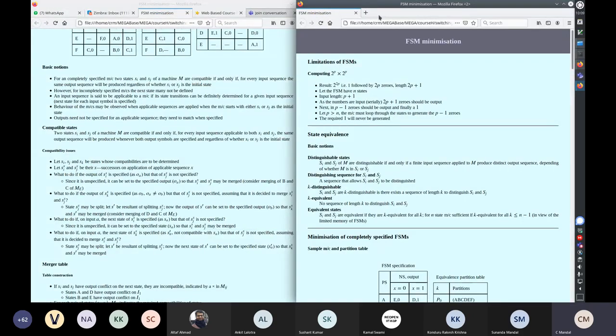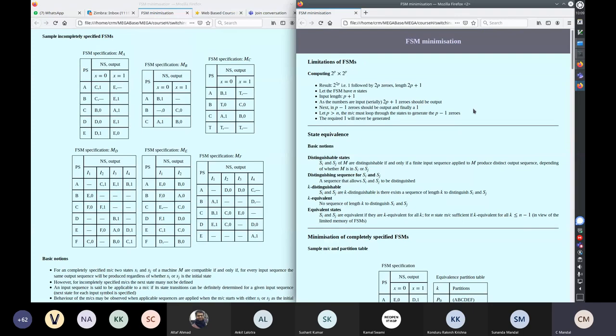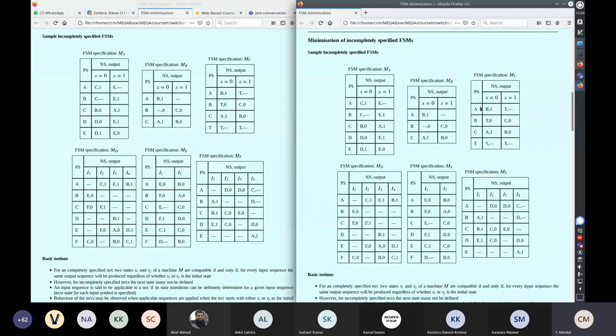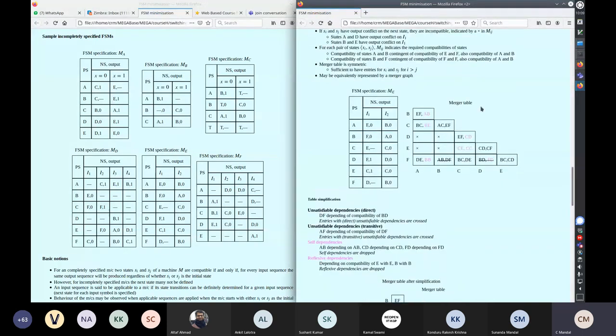So over here let us have these FSMs, and over here let us have this merger table. So when you have an incompletely specified FSM, you can consider the possibility of merging pairs of states.